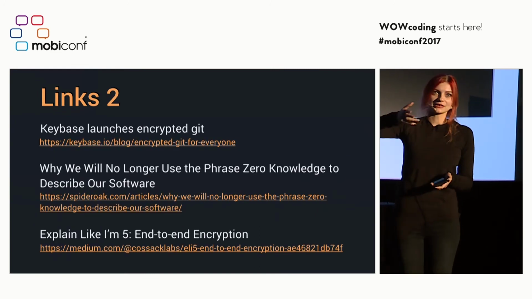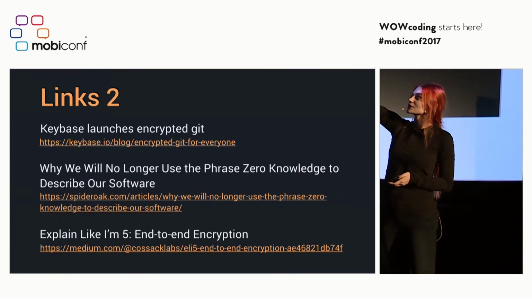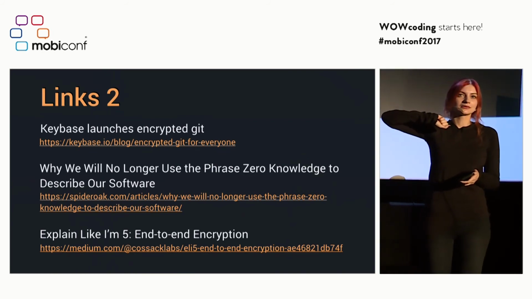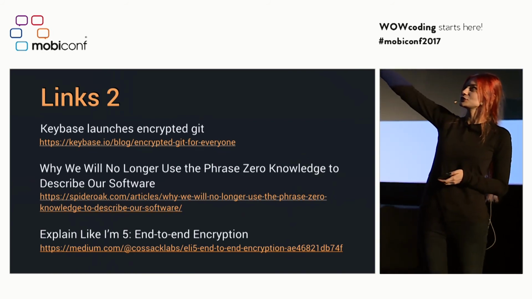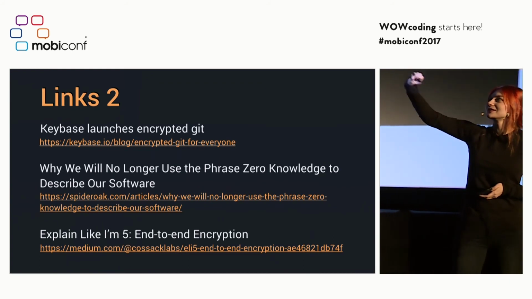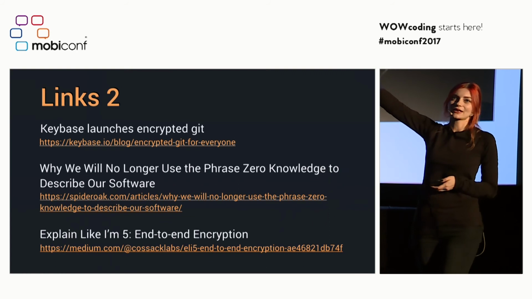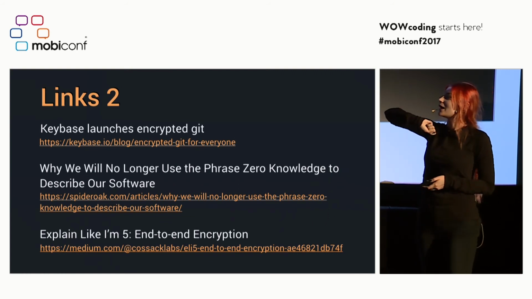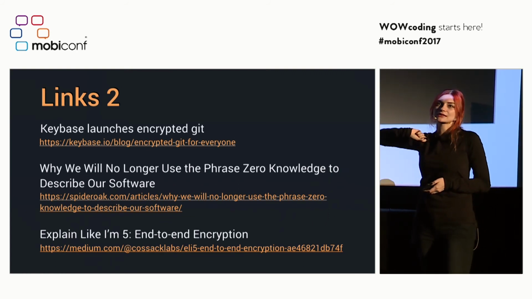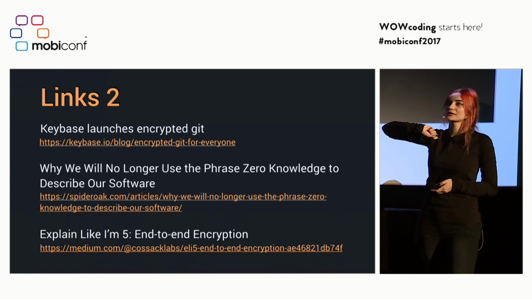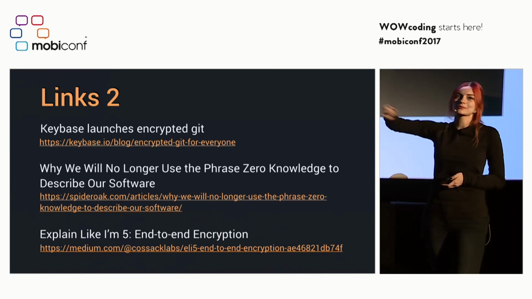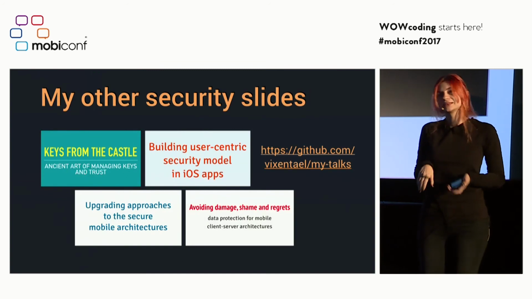And it's not everything, of course. You can read about encrypted Git. This is a brand new announcement from Keybase.io, just from yesterday. Check it out, it's really cool. And if you don't really understand how end-to-end encryption works, you can check Explain Like I'm 5.